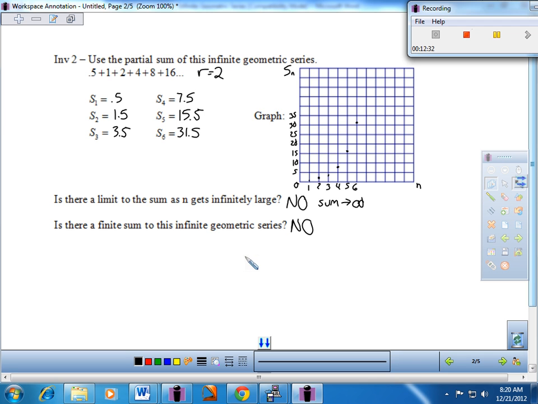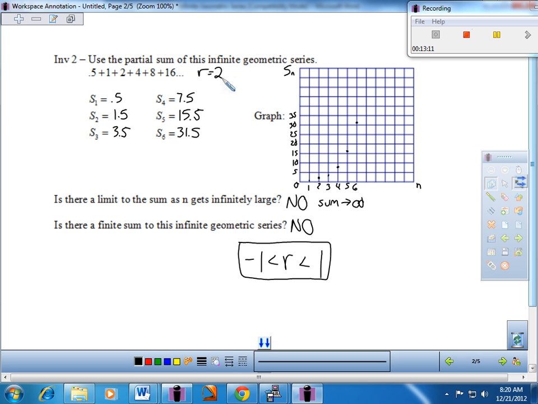That R value has to be in between -1 and +1, if you can jot that piece in there on your paper. So again, we didn't look at it in terms of a negative value. We just did a couple investigations with it positive. But if R is in between -1 and 1, it's going to have a finite sum. If it is less than -1 or greater than 1, like we saw right here, then it very simply does not have a finite sum.